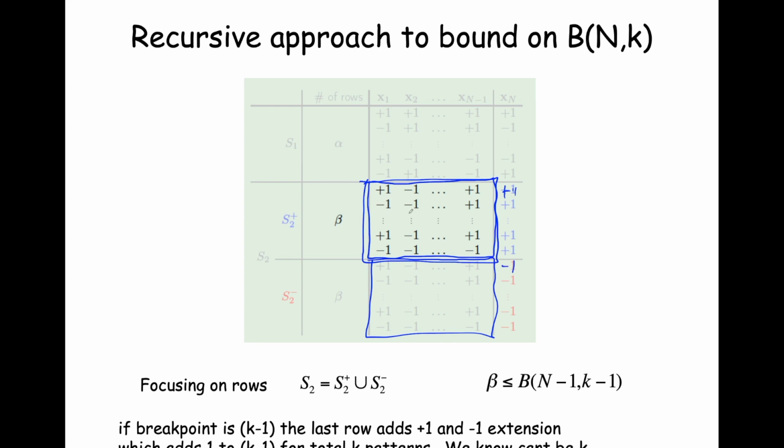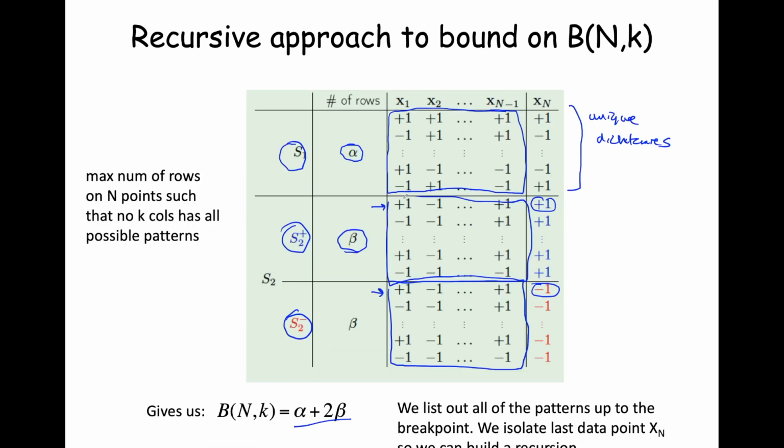And so if that's the case, that means that we cannot count this set S2 plus as having a breakpoint of k, because this represents half of this portion that we alluded to in the earlier slide when we included in our count S2 plus and S2 minus.